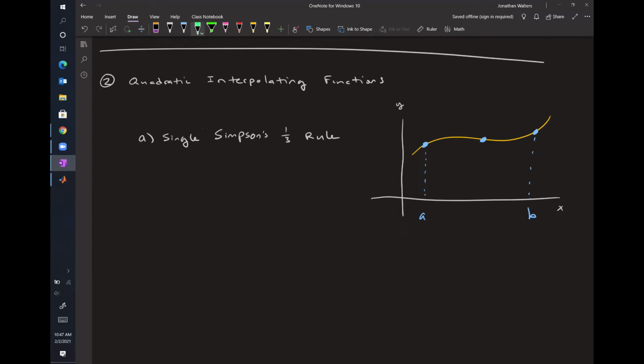We use our p2 of x basically. That's going to be some parabola that goes through these 3 points. So the integral from a to b of f of x dx will be approximately the integral from a to b of p2 of x, the second interpolating polynomial, through these 3 points.